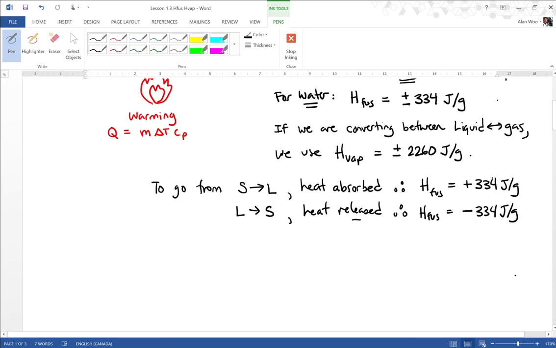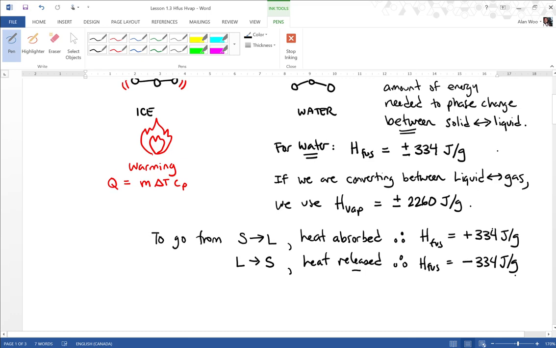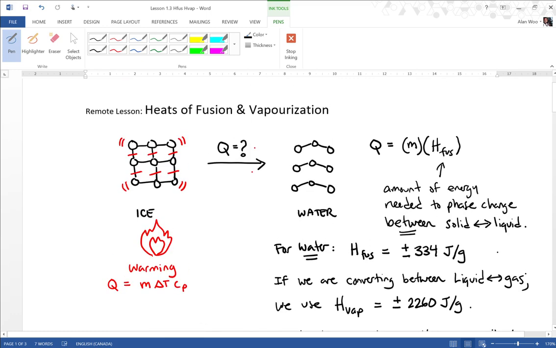If we go back to this little diagram up top, we're trying to figure out how much heat energy is required to go from ice to water, to have this phase change.